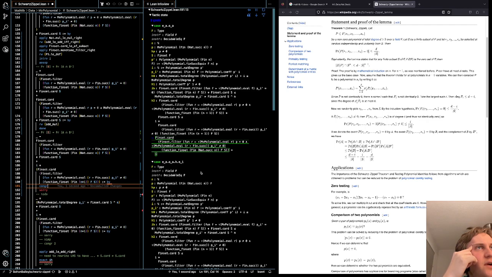Finset.card, Finset.filter, where evaluation of P equals 0 and the evaluation of Pi prime is not equal to 0, times the cardinality of S. I'm saying that this is equal to i times the cardinality of Finset.filter Pi prime is not equal to 0 only, without any reference to P at all.